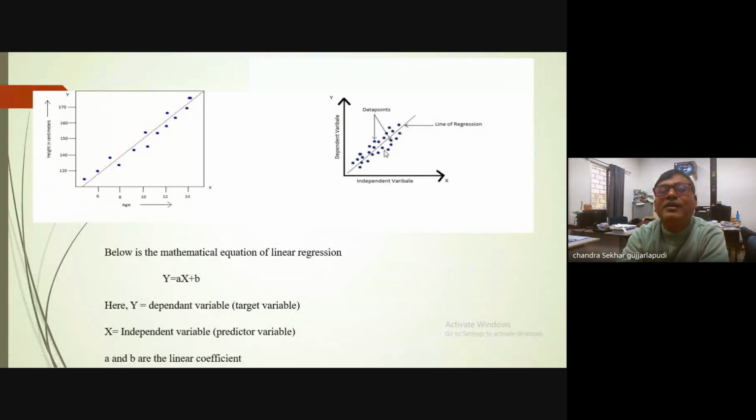Every time we calculate the error, the difference between the actual value and the predicted value, and then minimize that error, we can get the values of a and b, and with this we can determine the expression for that linear equation.